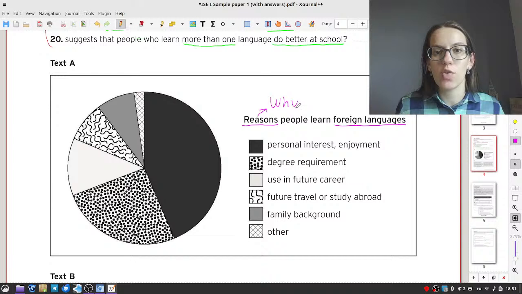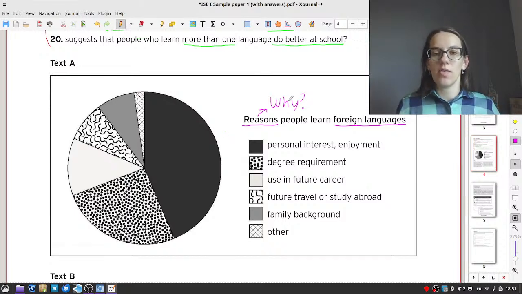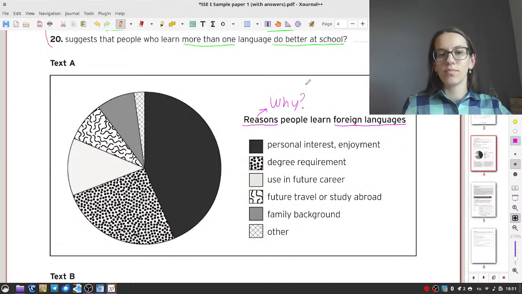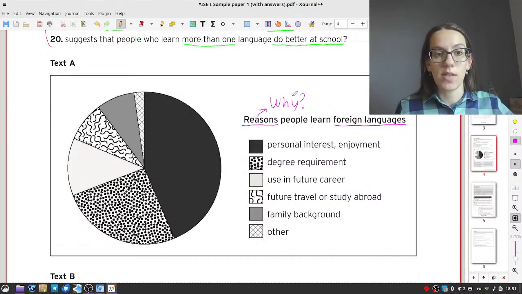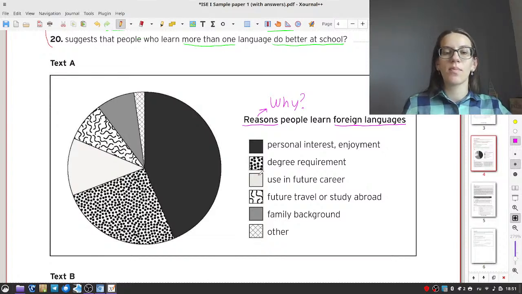Why do people learn foreign languages? So maybe someone made a survey, and they came to different people and said, why are you learning a foreign language? And many people answered, and then they made this pie chart of how many people said what.